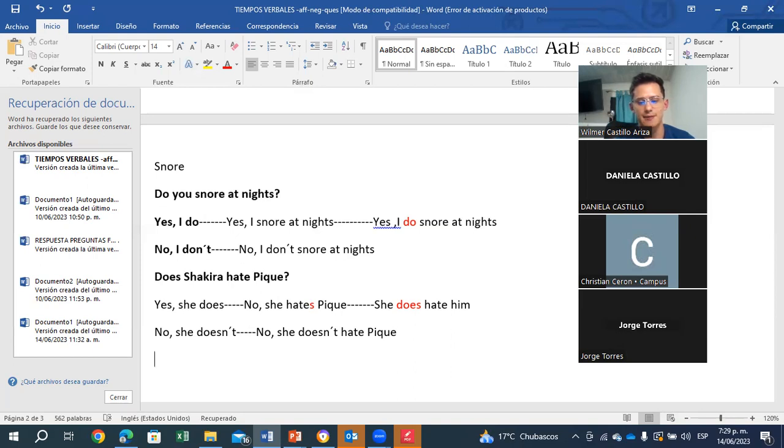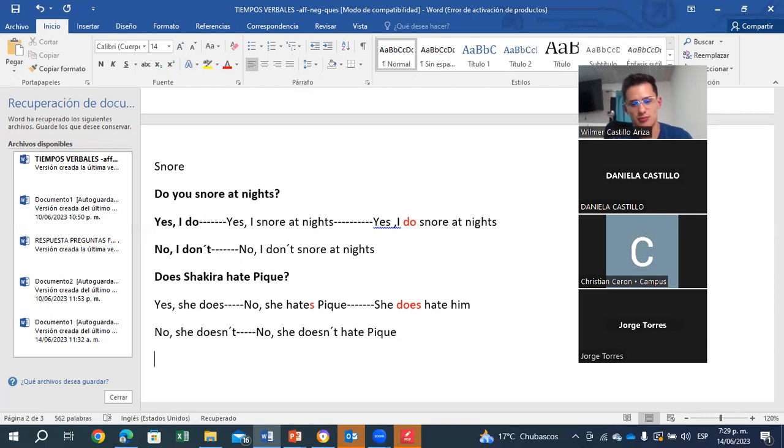Teacher, the changes that we have to take in account, for example, in the third person, with the verb that finishes in the letters, for example, ch, sh, x, o, we have to add es in this verb.